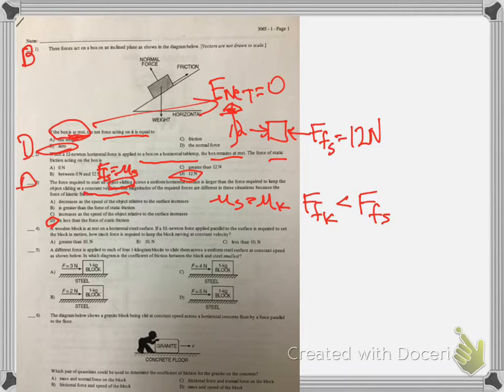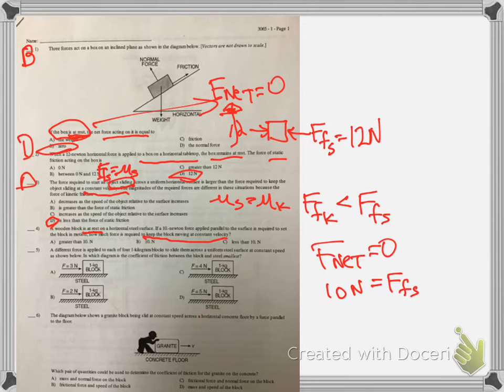Next question. A wooden block is at rest. Again, I'm going to underline at rest. That means, we've done this a whole bunch of times, F net is 0. If a 10 Newton force applied parallel to the surface is required to set the block in motion, how much force is required to keep the block moving at a constant velocity? Basically, this question is saying 10 newtons is what F_s is.